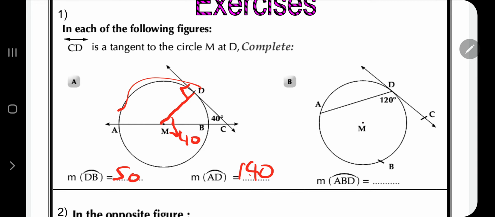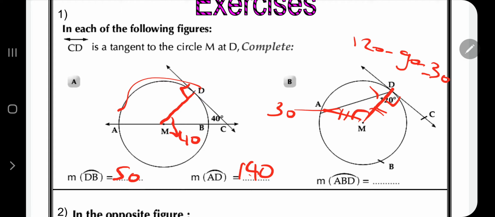At first I will make construction, two radii MD and MA. Angle MDC equals 90, so this angle will be 120 minus 90, it will be 30. This value also 30 because this is an isosceles triangle.